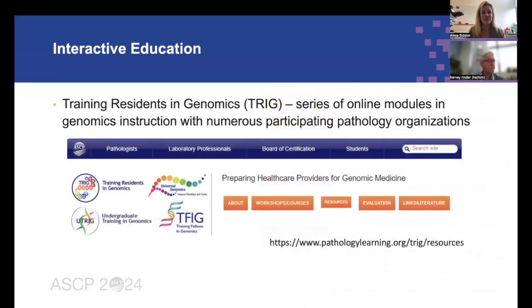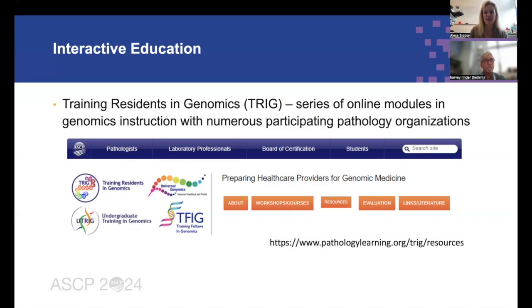One of the other interactive education modules that we like is the Training Residents in Genomics, or TRIG online modules. This was a multidisciplinary instruction tool with many of our pathology organizations, some of the genomics organizations, and it is intended for, again, different levels of learners.